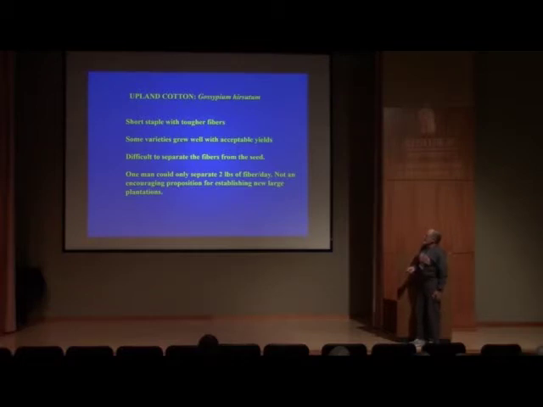The upland cotton that's sitting here, so already Charlie mentioned that in the early part of the cotton production, what they had were 2 types of cottons. One was the Sea Island or long staple cotton, which was not very appropriate for inland. And inland they had 2 cottons. One was black seeded and another green seeded. They were shorter staple. They were okay, but not completely easy to work with.